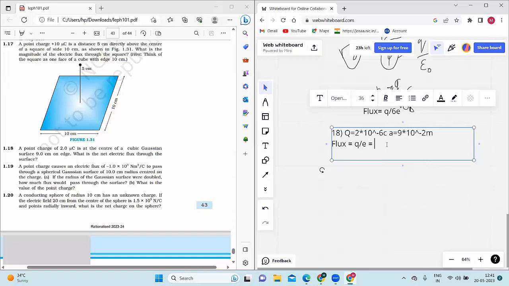And by calculating the flux, we get the flux linked by the body as 2.26 into 10 power 5 Newton meter square per coulomb.